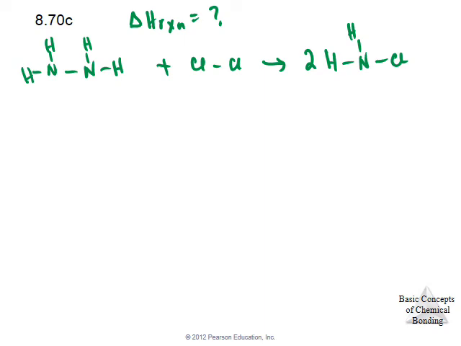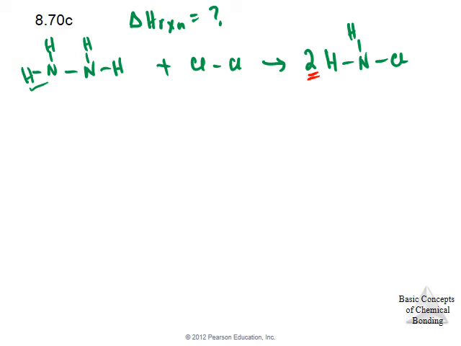For example, NH bonds. I have 1, 2, 3, 4 NH bonds on the left-hand side. Even though it looks like I have 2 NH bonds on the right-hand side, truly it's multiplied by 2, so there are also 4 NH bonds. So I don't need to break any NH bond. However, NN bond, do I need to break the NN bond?